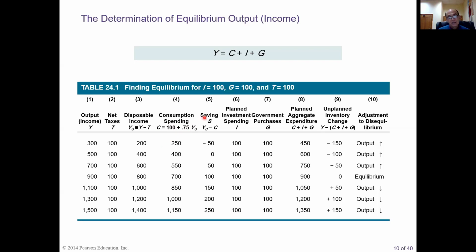YD is disposable income. Saving: we can also get saving by applying this kind of equation. If you remember, we have Y equal to C plus S, and in this case we can also get S by subtracting C from Y. Plan investment is fixed, as we already know, and we have a government purchase.